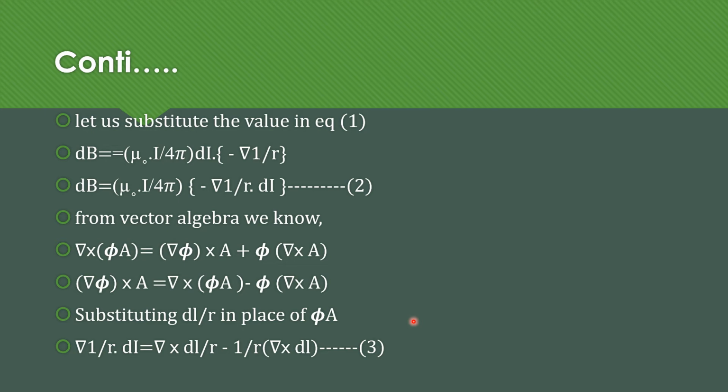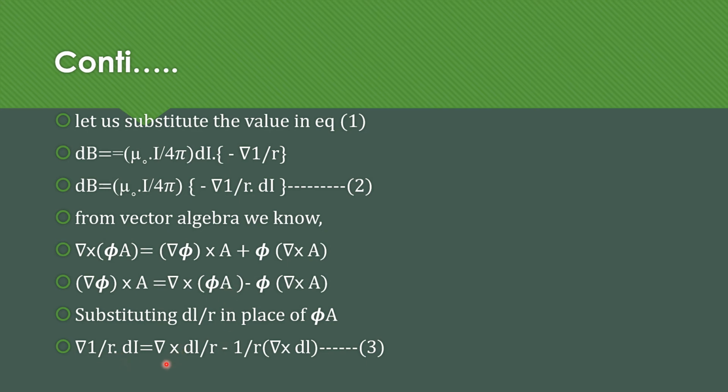In this, since we had del of 1 by r cross dL, it is similar to del of phi cross A. Here phi is nothing but 1 by r and A becomes dL.